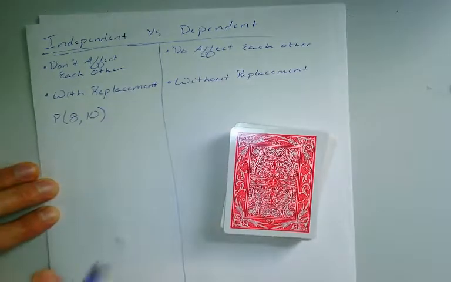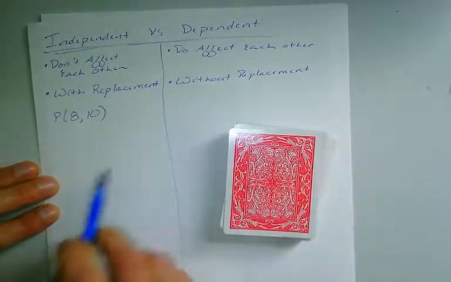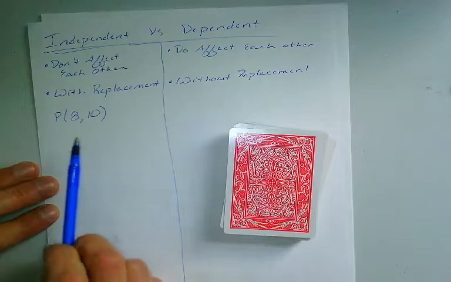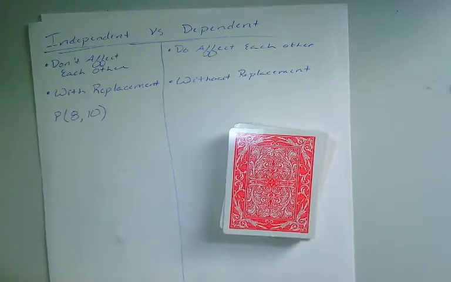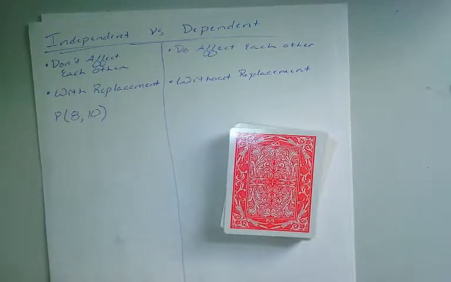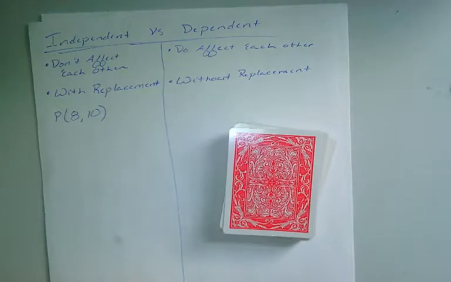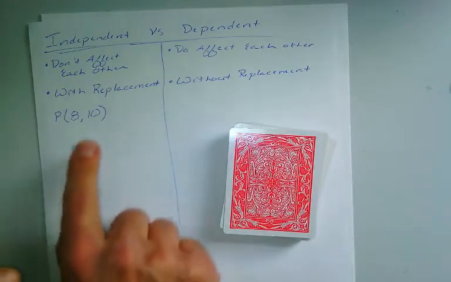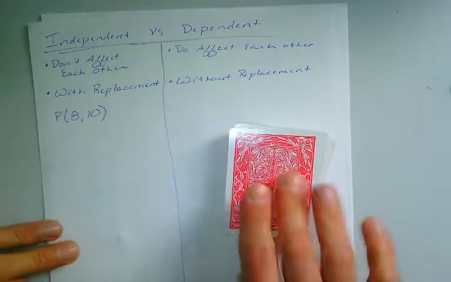If these are independent events, I would draw my first card and put it back before I draw the second card. So it would say you draw your first card, then you replace it, and then you draw your second card. So what's the probability that I pick out an 8?